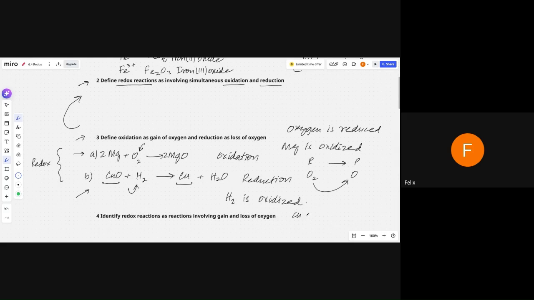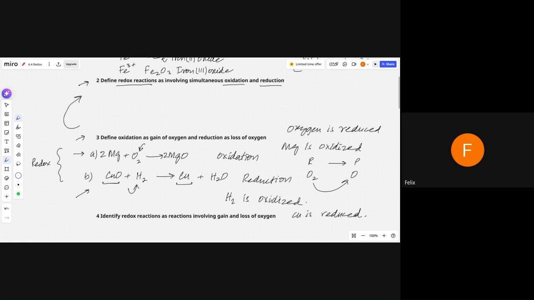So Cu is reduced, right? Yeah. So this is how we develop our understanding, but this understanding is only for core students. I mean, also for extended students, but oxidation and reduction is a lot more than gaining or losing oxygen. Those concepts are covered for extended students in supplement topics, right?